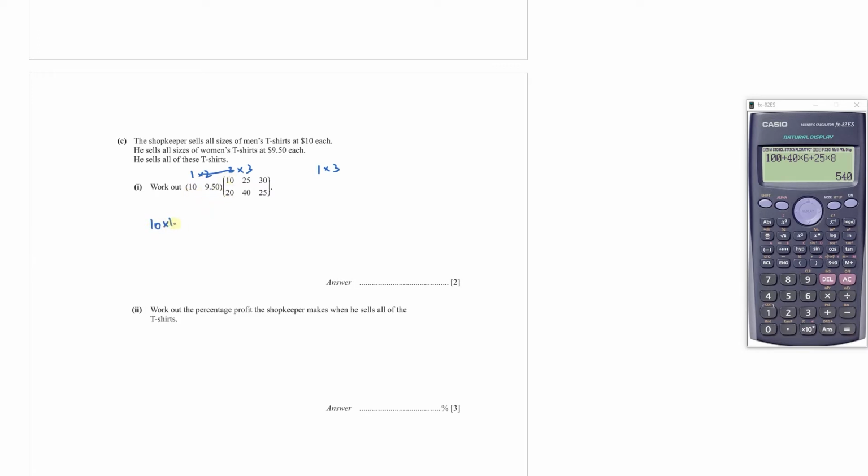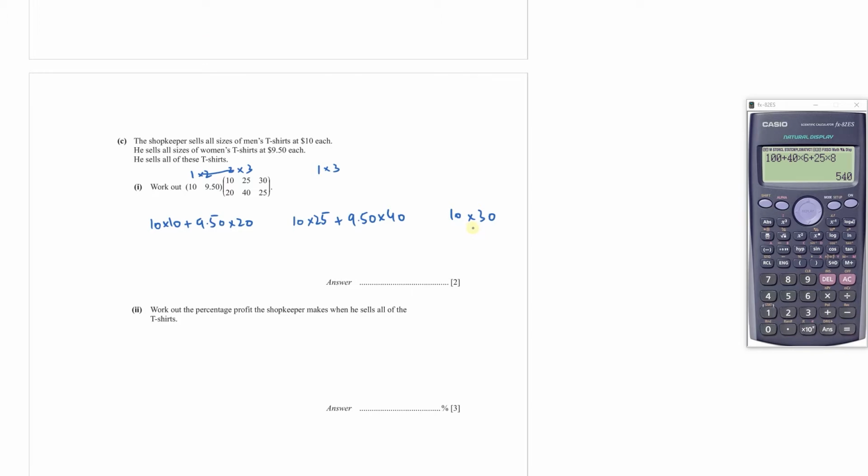I will get 10 times 10 plus 9.5 times 20, and then this row multiplied by the next column, I will get 10 times 25 plus 9.5 times 40. Then for the third column, I will get 10 times 30 plus 9.5 times 25. Oh, sorry, this plus sign here is not a plus sign, this is the next column.